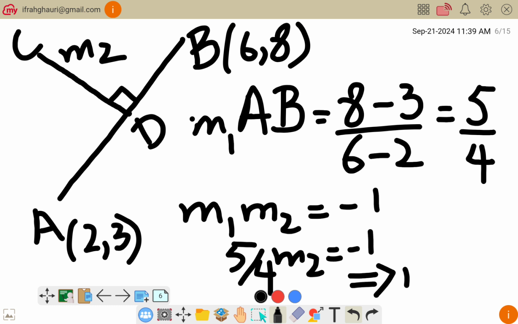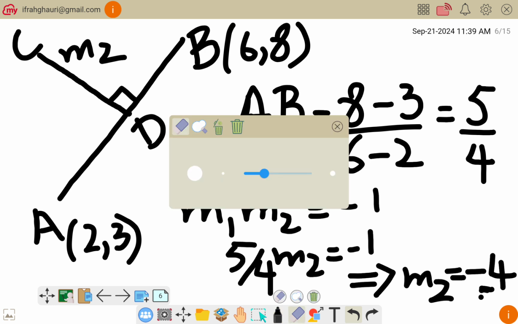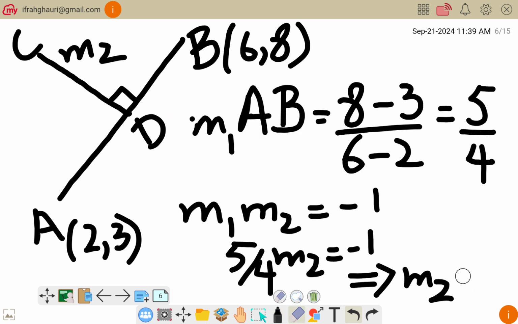So this implies that the gradient m2 of CD is minus 4 over 5.